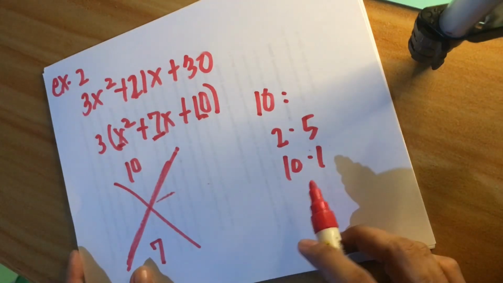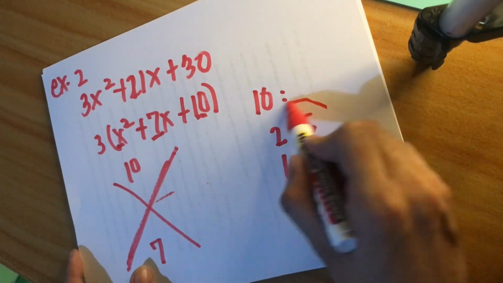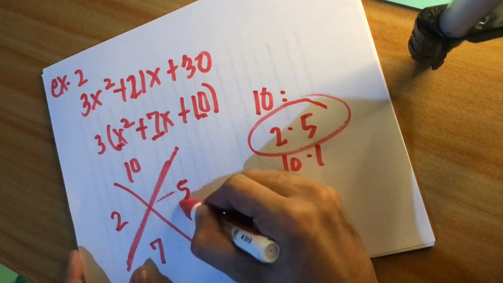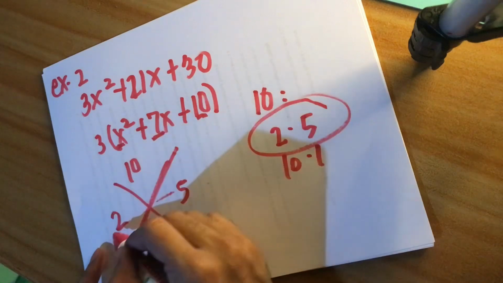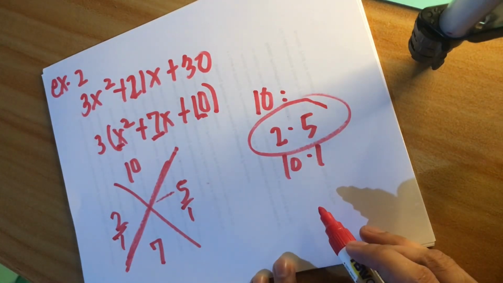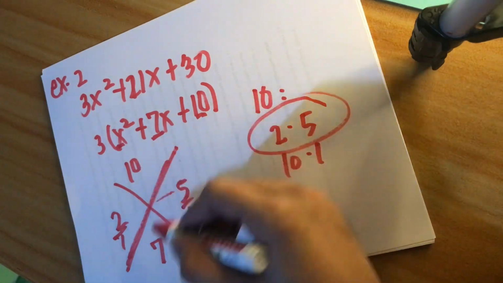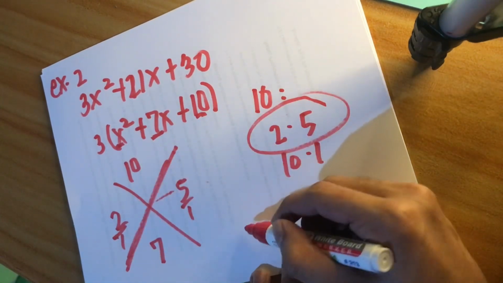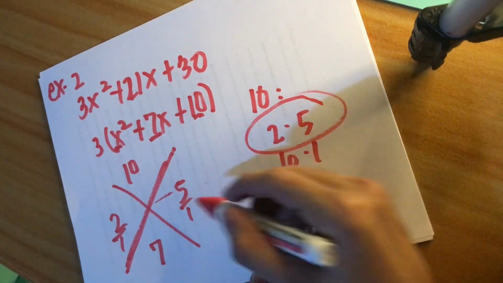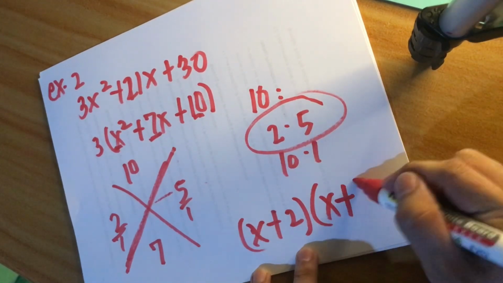So, alin dito, yung kapag inadd mo is 7, that is 2 and 5. So, since ang A natin is 1, so over 1 lang yan. So, ibig sabihin yung factored form natin, that is x plus 2 times x plus 5.